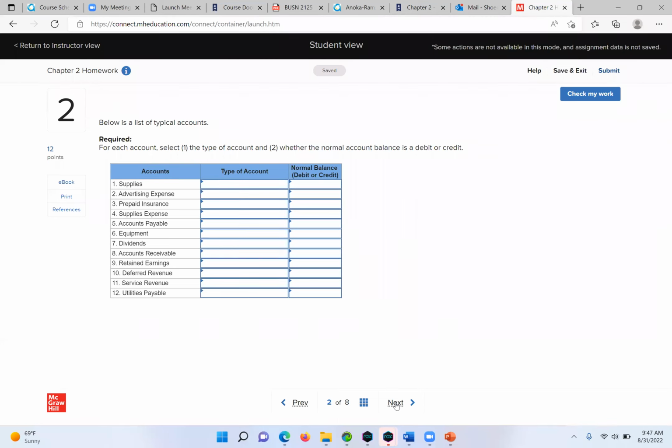Liabilities have a normal credit balance. Stockholders' equity, which is common stock and retained earnings, have a normal credit balance. We know revenues have a normal credit balance. Expenses and dividends have a normal debit balance. Have notes, guys. Don't try to just remember this.